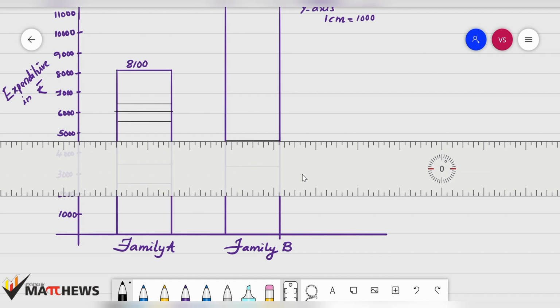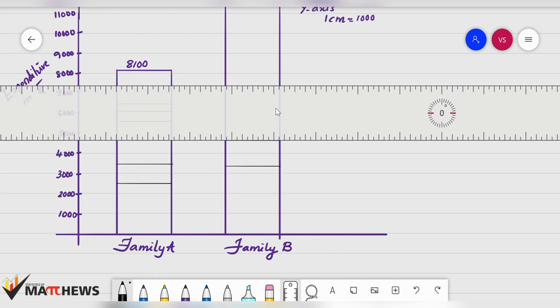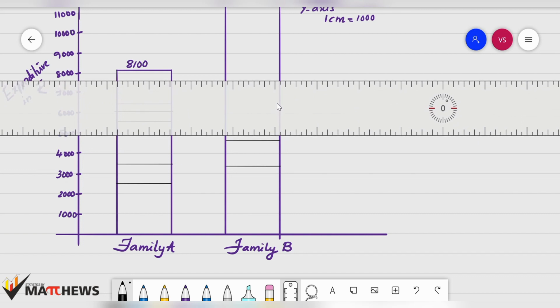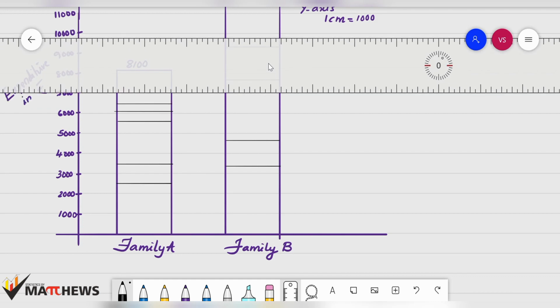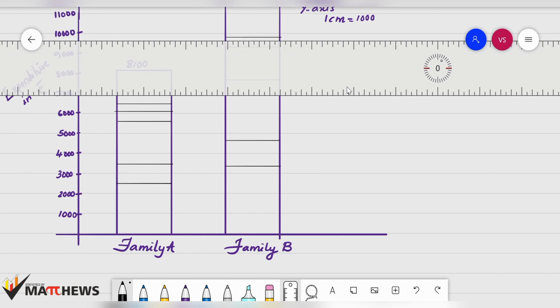The next marking would be 9,250. The next marking would be around 9,700. And the remaining is at 11,700, students. So I hope you have understood this.